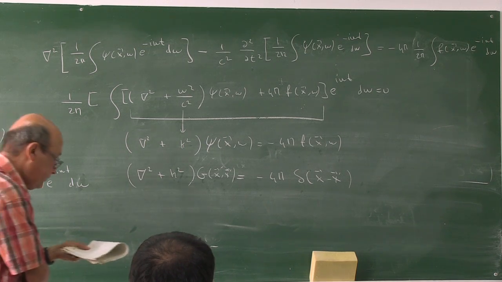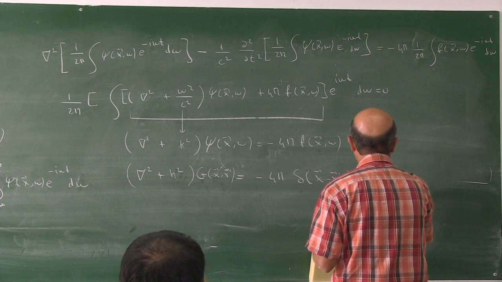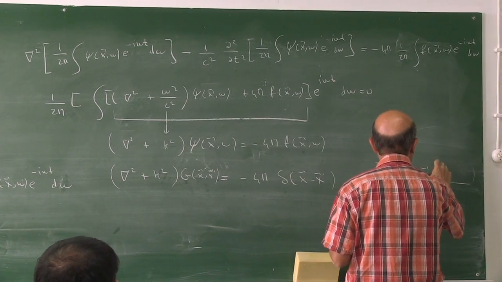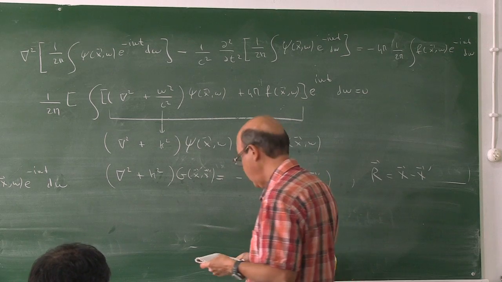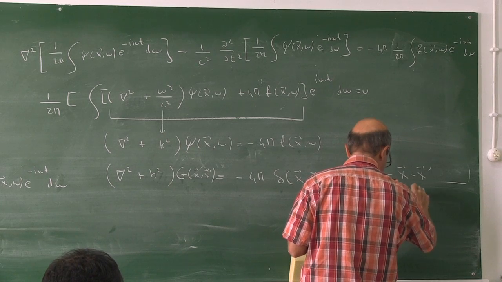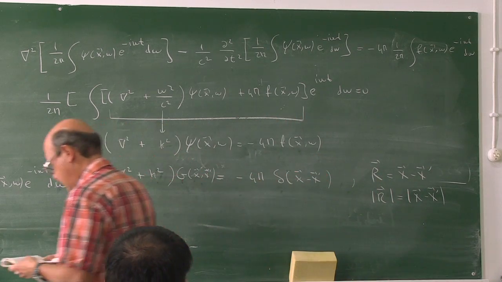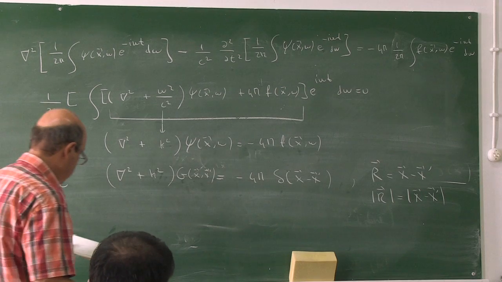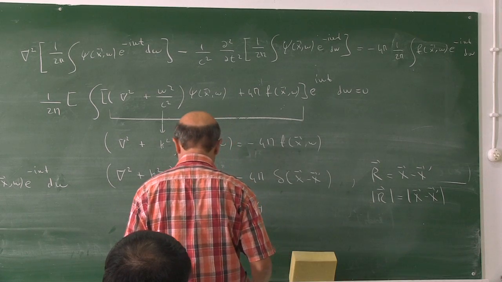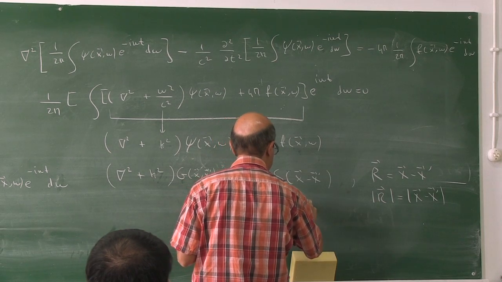I'll call R as x minus x prime, and the magnitude of x minus x prime is the R magnitude. The equation turns out to be the following. The right hand side will be minus 4 pi delta(R).